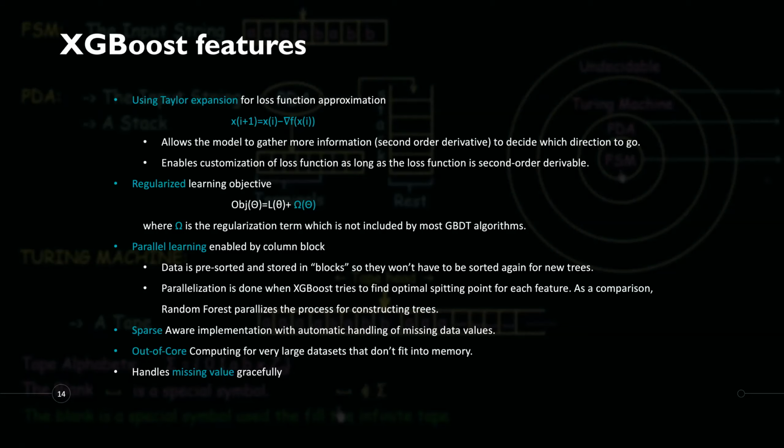Previously, for any specific machine learning task, we would define the objective function, and then come up with the optimization strategy.